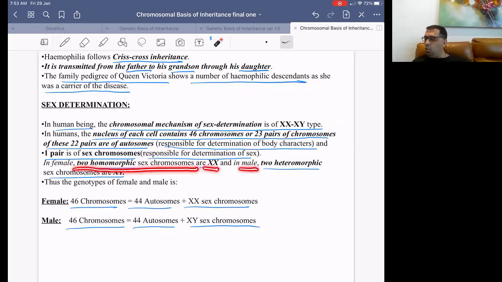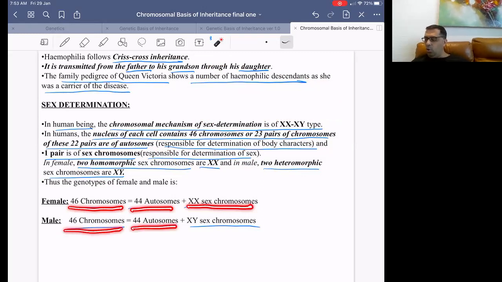In males, the two heteromorphic sex chromosomes are XY. So females have 46 chromosomes, 44 are autosomes and XX are sex chromosomes. In males, 46 are chromosomes, 44 are autosomes, and XY are the sex chromosomes.